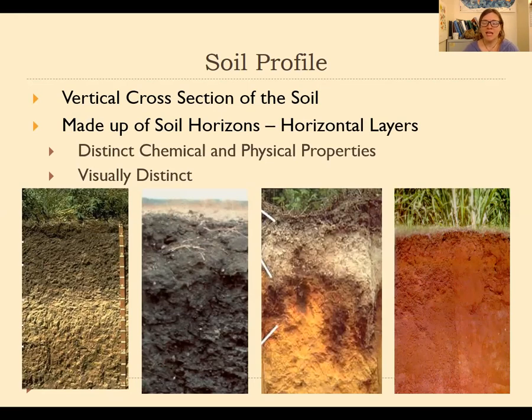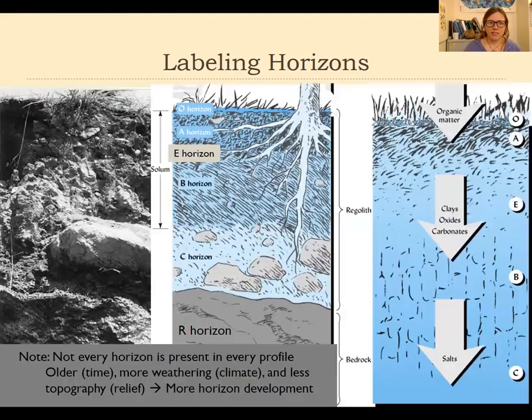They might have different amounts of clay or iron or organic matter or water or oxygen, and they might have different textures, like one might be more sandy or more clay rich, more silt rich, etc. In the soils here, you can see these different horizontal bands that appear different from one another. In some cases, they're really distinctly visually separate, and in some cases, it's a little bit more gradual or less extreme. But if you start to get your eyes tuned in, you'll definitely start to notice these differences.